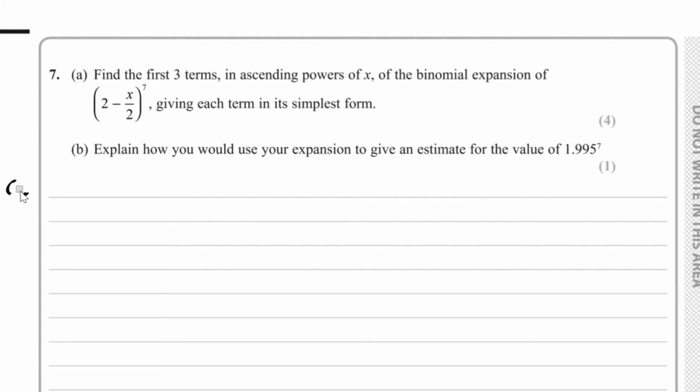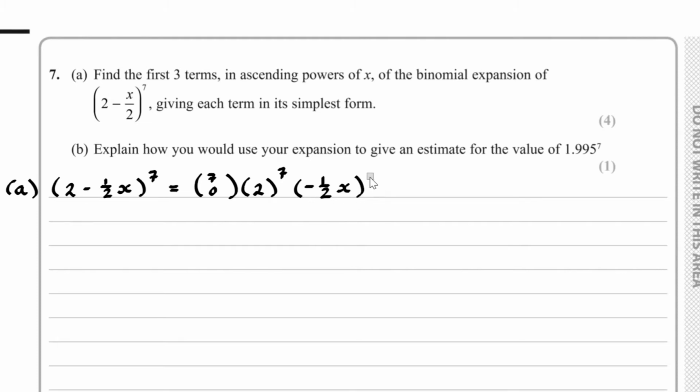you can see then for part A, 2 minus 1/2 x to the power of 7, that will equal, well, for the first term, we've got 7 choose 0, multiplied by 2 to the power of 7, lots of minus 1/2 x to the power of 0.